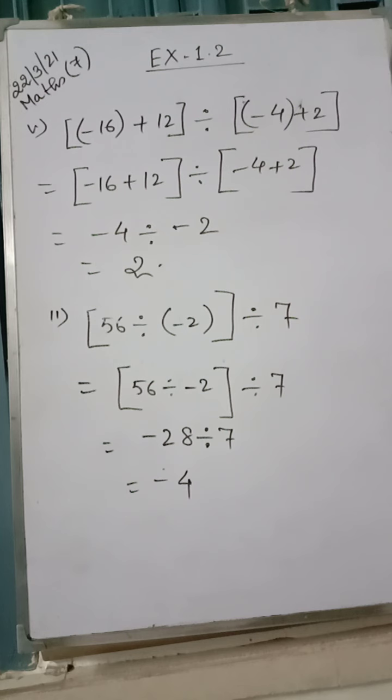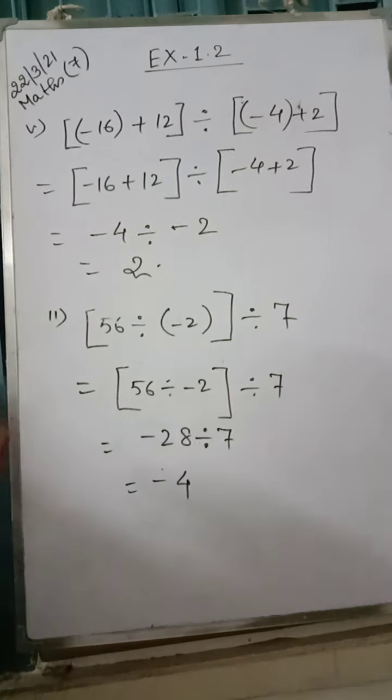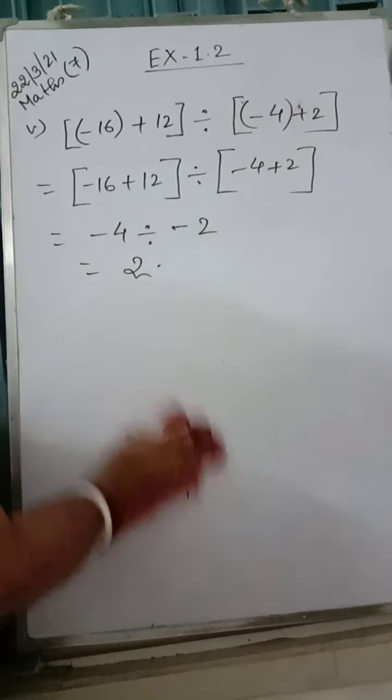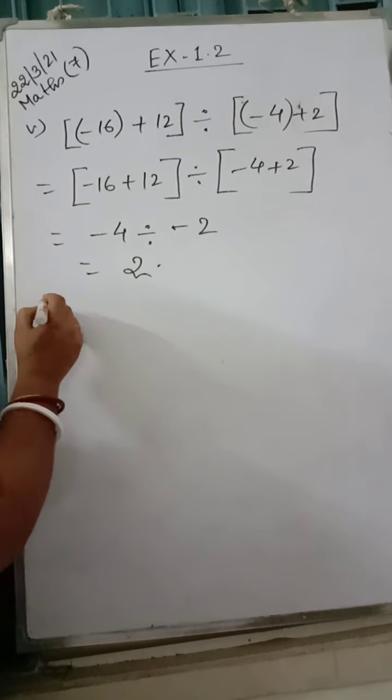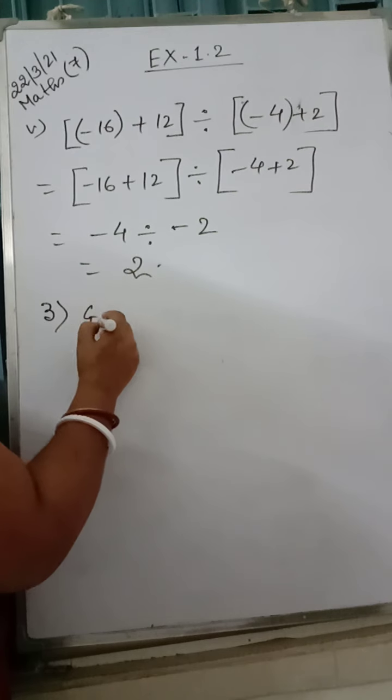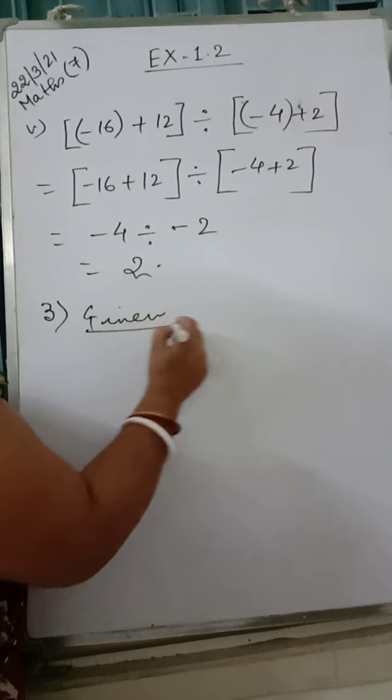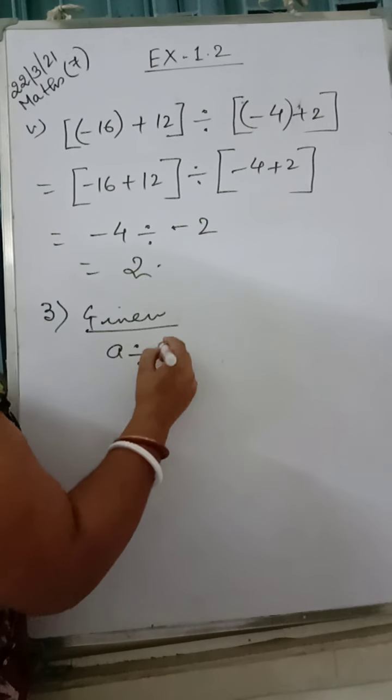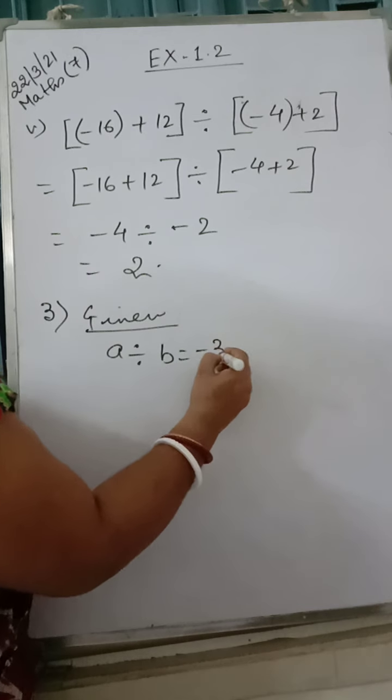Then you see here they have asked, write 5 pairs of A, B such that A divided by B is minus 3. So what can be the 5 pairs? Given A divided by B is equal to minus 3.